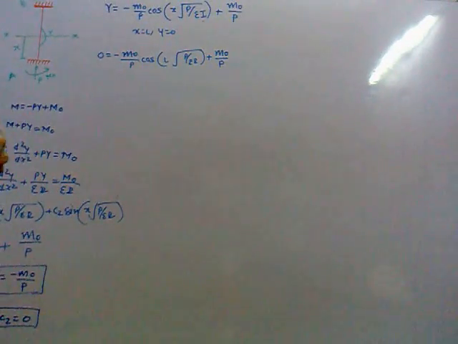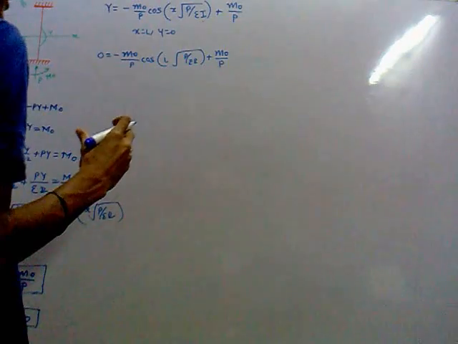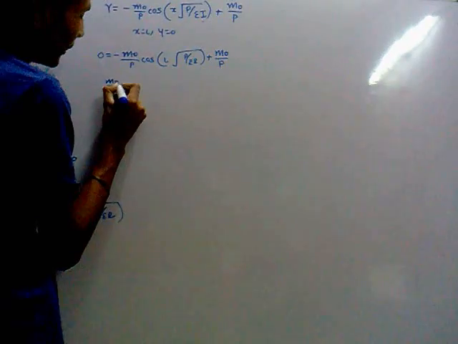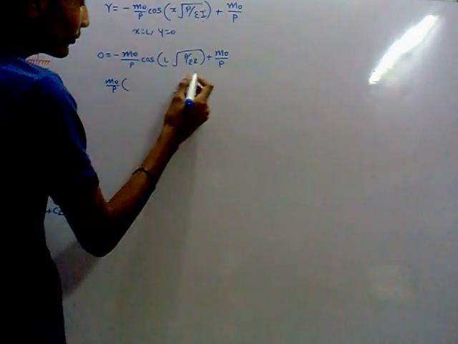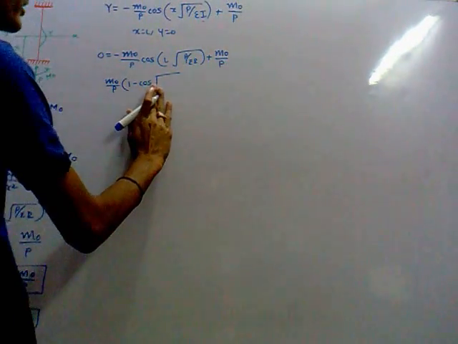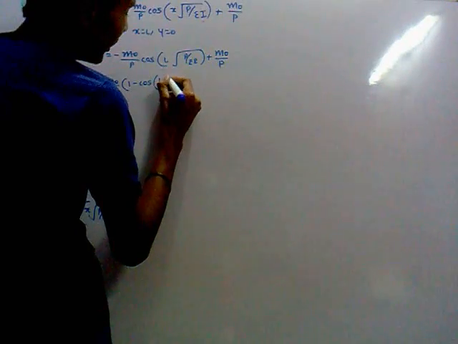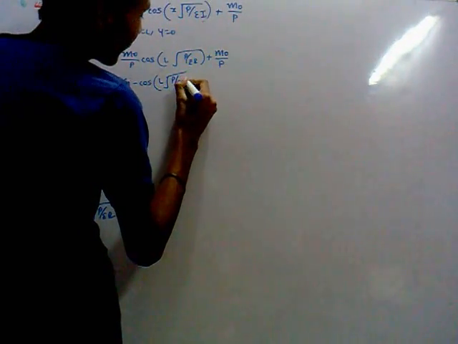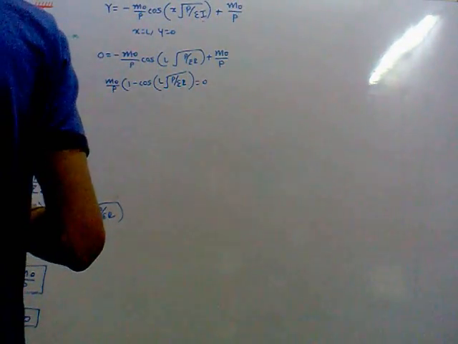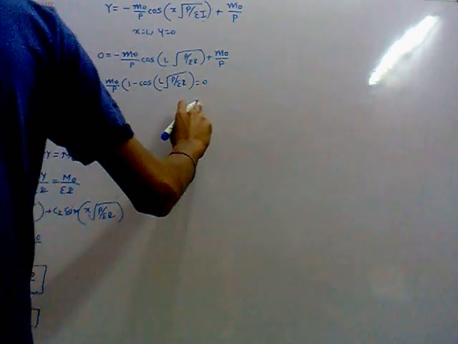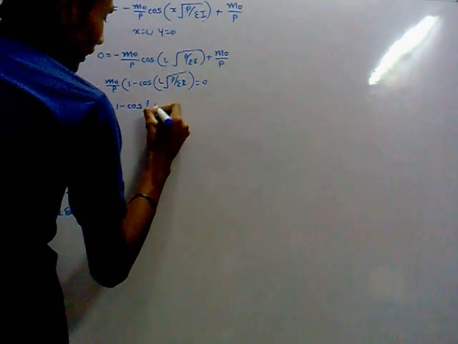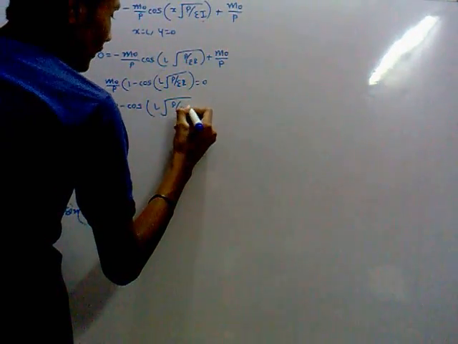Taking the M0 by P term common, M0 by P into 1 minus cos of L under root of P upon EI equals 0. Since M0 by P is not 0, I get 1 minus cos of L under root of P upon EI equals 0.